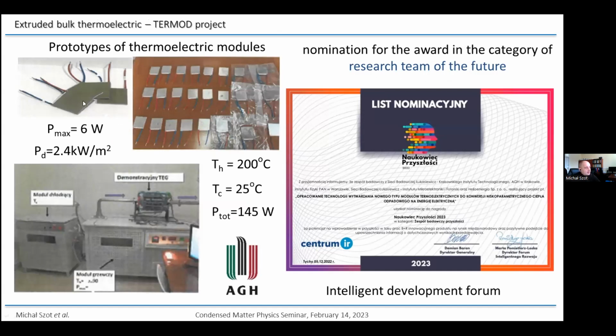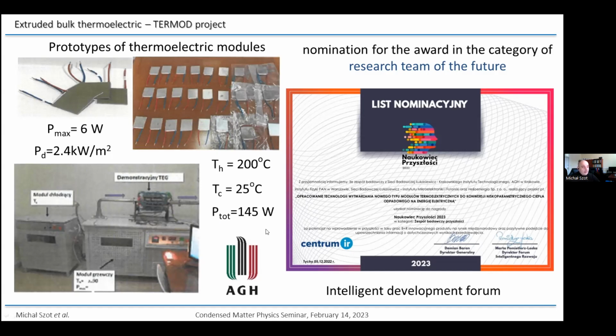Nevertheless, the obtained modules have very good maximal power of about 6 watts and very good power density of about 2.4 kilowatts per square meter, and the demo thermoelectric generator, which was working at temperatures between 200 degrees and 25 degrees, exhibits the total power of about 140 watts.